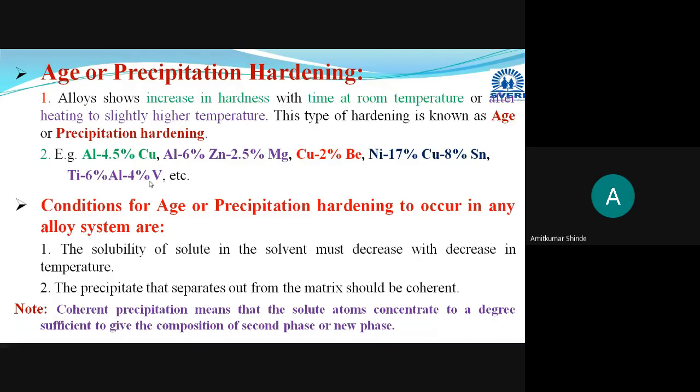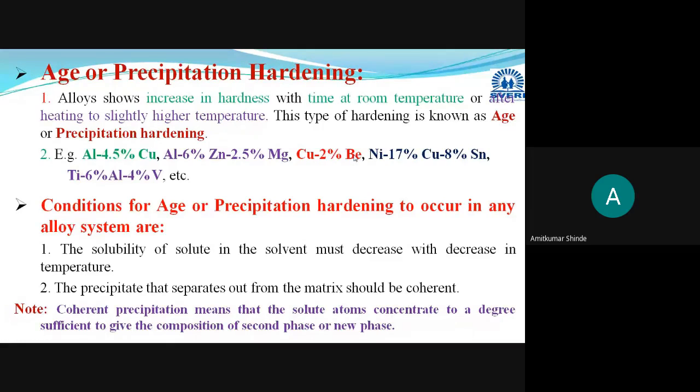The first condition is the solubility limit, the solubility of the solute in the solvent. Here the solute is your alloying element, and the solvent is your parent element. If you take an example from this, copper is the solvent, and beryllium is your solute.